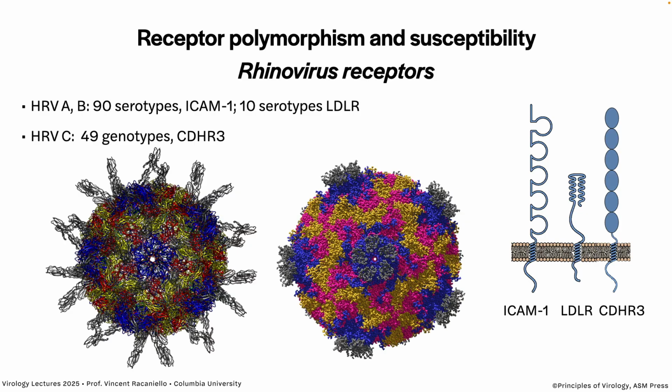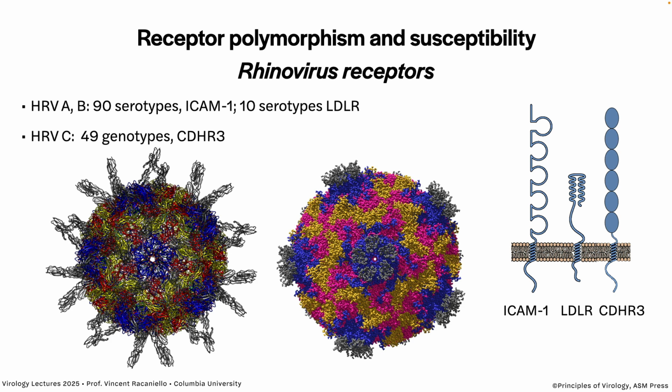One last story I want to tell you about how receptors can control disease. This is the story about rhinoviruses. There are 3 different kinds of rhinoviruses, A, B, and C. A and B bind 2 different receptors, ICAM1 and low-density lipoprotein receptor, and rhinovirus C binds this protein called CDHR3.